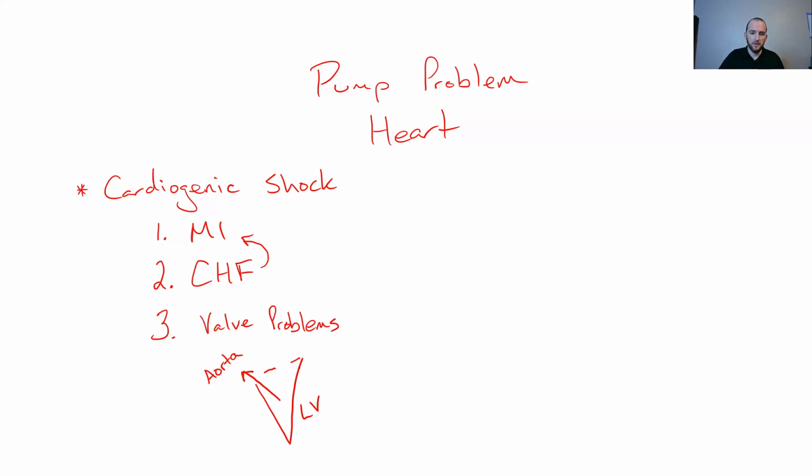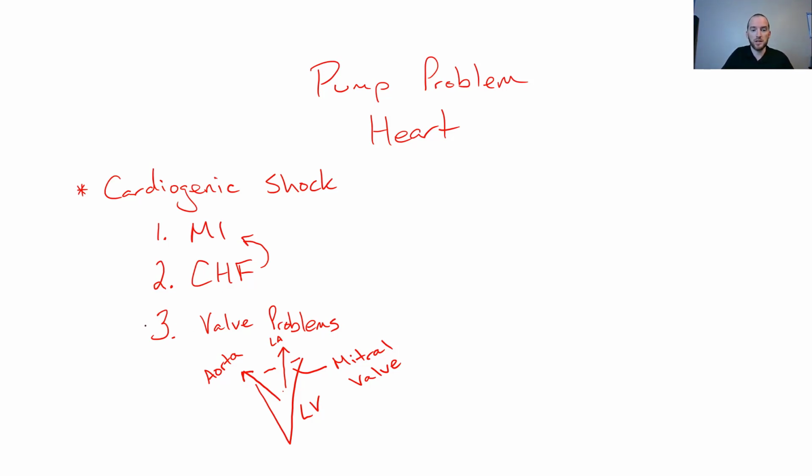But maybe because of a mitral valve problem, that valve between the left atrium and the left ventricle, maybe when that left ventricle contracts, instead of all of that blood going out to the aorta, some of it goes backwards up into the left atrium, which is going to result in less blood being pumped out into the body, which means there's less oxygen getting delivered throughout the body, which will fit the criteria definition that we had for shock, right? That something somewhere is not getting enough oxygen and nutrients. And in this case, it's because some of that blood starts working backwards.